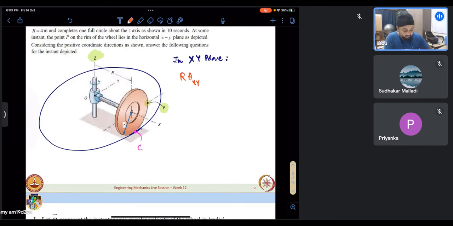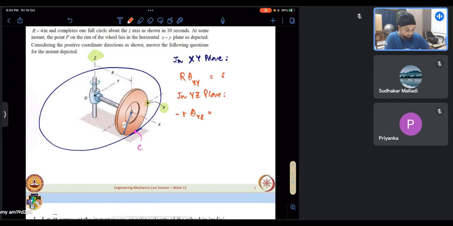Now the same distance, if we consider in, let us say, the yz plane, let us call this distance s. That same distance would be given by r theta yz, but it will point into the plane of the paper because it will have the axis as minus x.